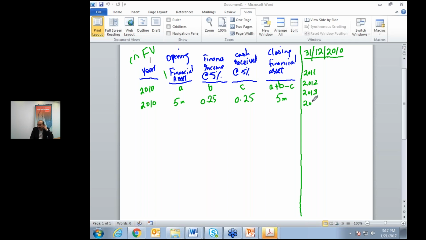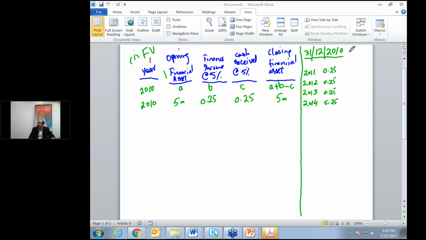Its life is 5 years. The cash flow is 0.25, 0.25, and at the end of the year 5.25, because we will receive interest plus the capital.